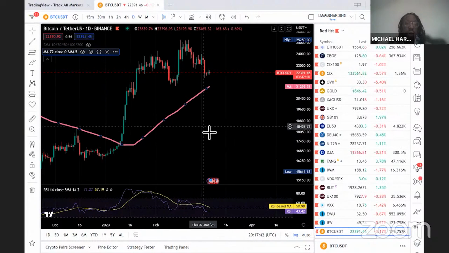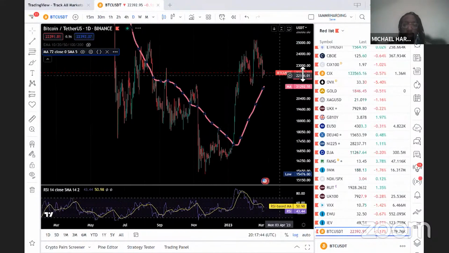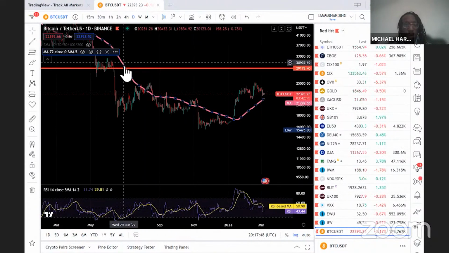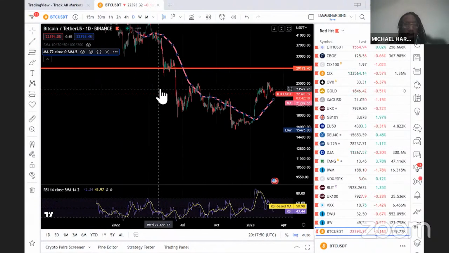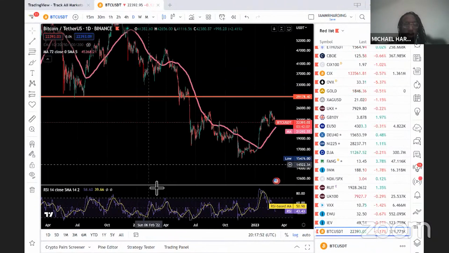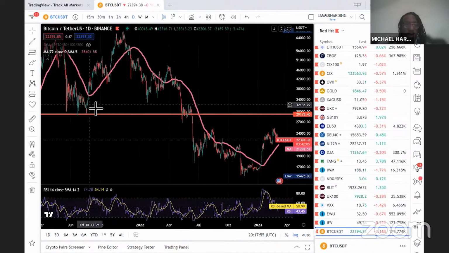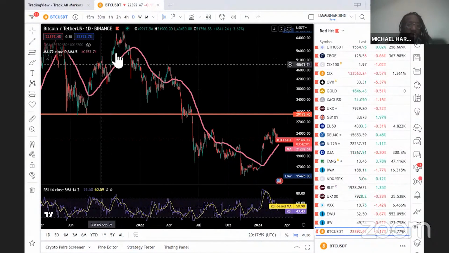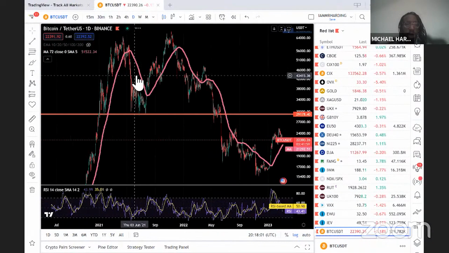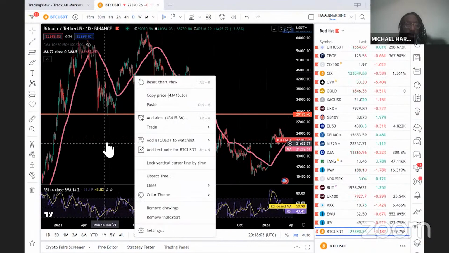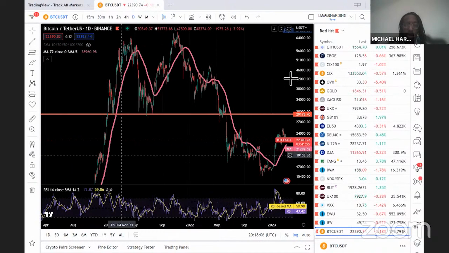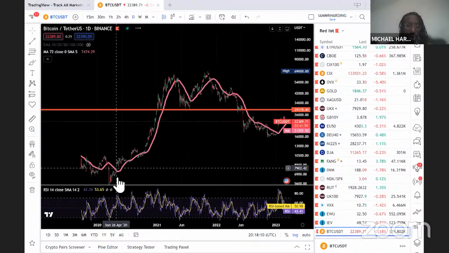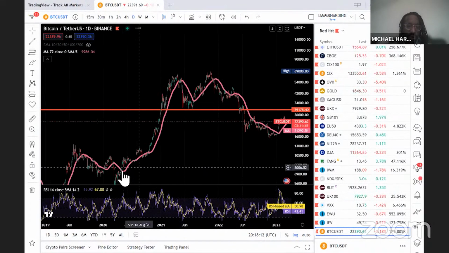So on the 72 on Bitcoin, we can see that we've been below the 72 on Bitcoin for a while. You see, it was only temporarily above it, and that was in July 2021. Oh, actually, no. Before then, it was above it. So we had a really good period all the way from just after lockdown.